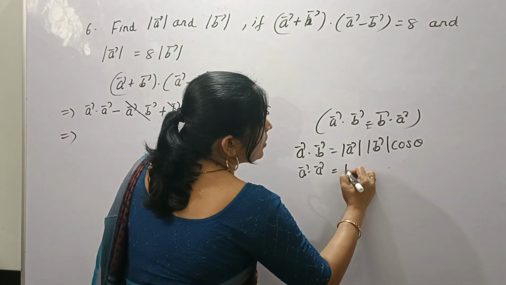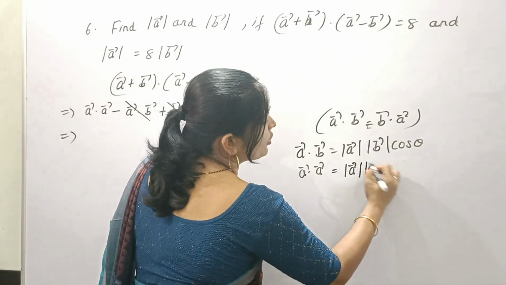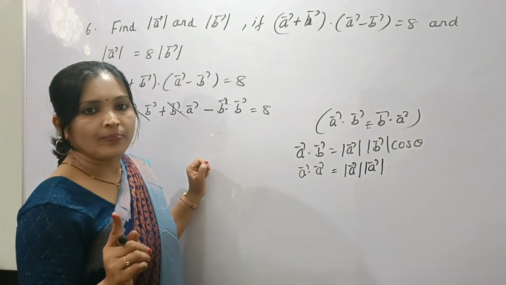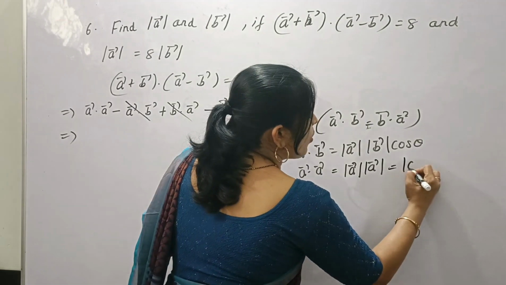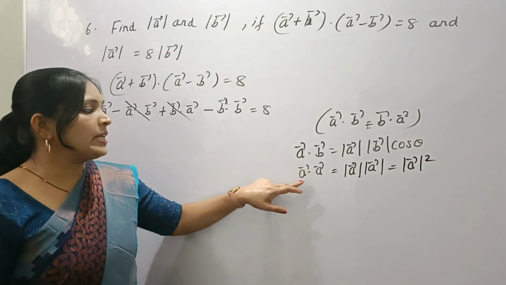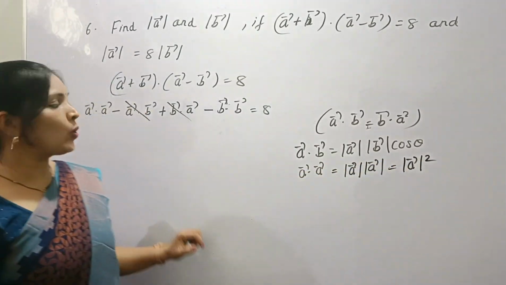So modulus vector A, in place of B, A itself, modulus of vector A into cos 0, which is 1. So it is nothing but modulus vector A square. So vector A dot vector A is equal to modulus of vector A whole square.